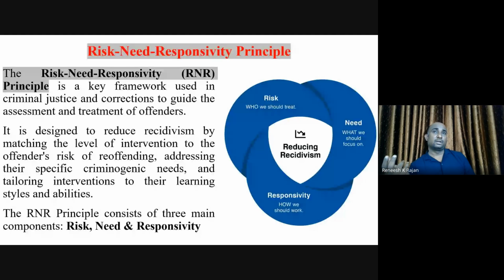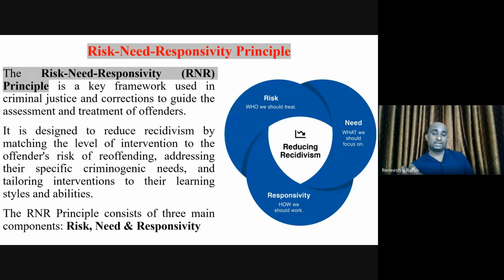There is no point giving a substance abuse person education training, vocational training, or meditation and yoga. The problem we are identifying is why that person committed an offense, because of substance abuse. So we have to focus on that particular crime causing factor, or criminogenic need. That is the focus we should have.